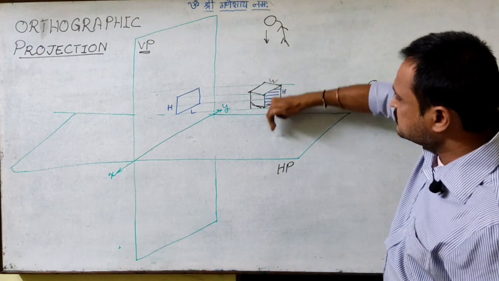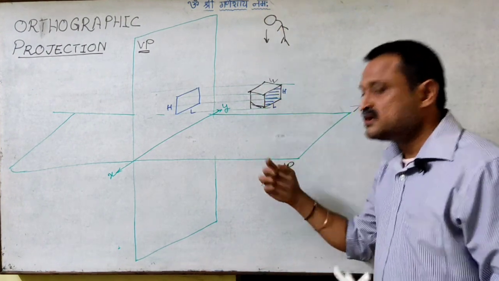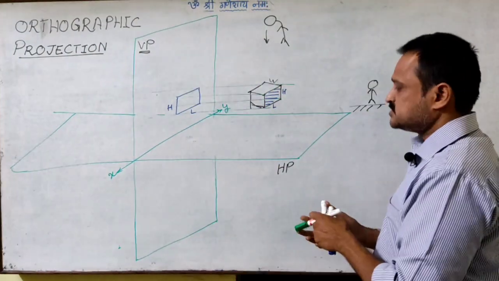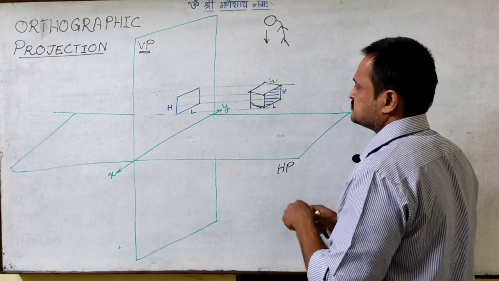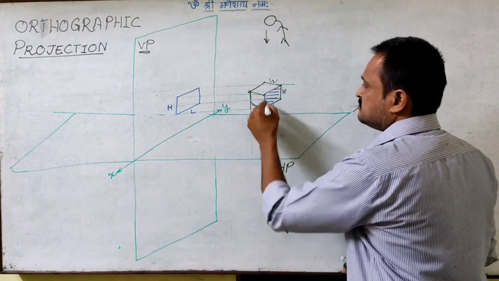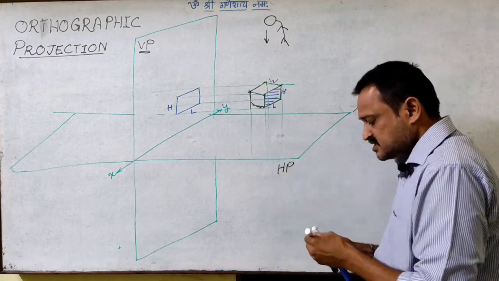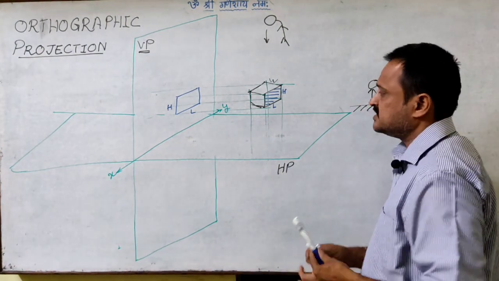So now when I am taking the image, I move to the top and look at it, so the sight rays will now come down. Again, following the condition of orthographic projection, the projectors will be parallel to each other and they will be perpendicular to the plane on which we are getting the image.